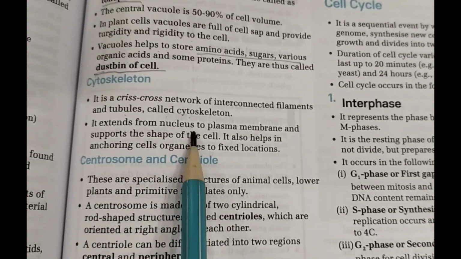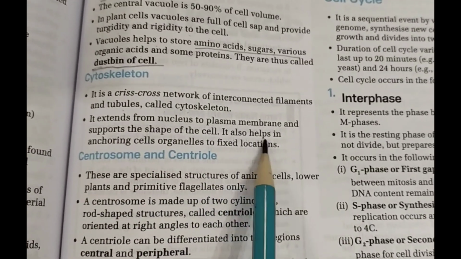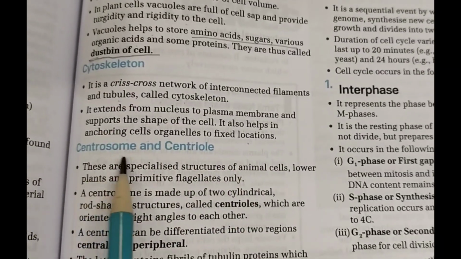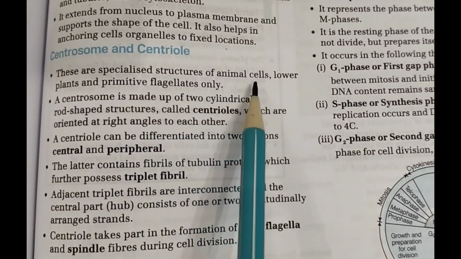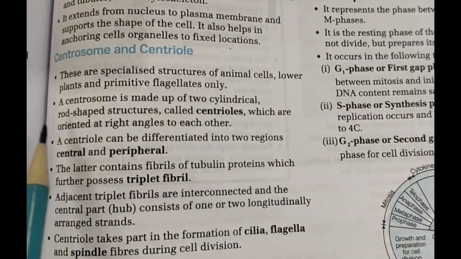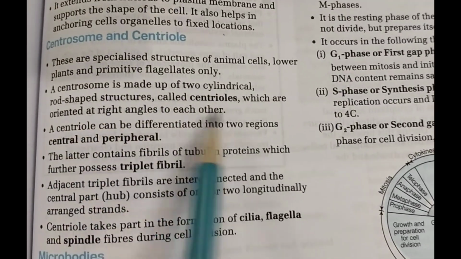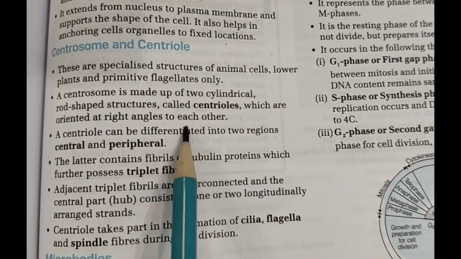Cytoskeleton, it is the crisscross network of interconnected filaments and tubules called the cytoskeleton. It extends from the nucleus to the plasma membrane and supports the shape of the cell. It also helps in anchoring cell organelles to fixed locations. Centrosome and centriole. These are specialized structures of animal cells, lower plants and primitive flagellates only. The centrosome is made up of two cylindrical rod-shaped structures called centrioles, which are oriented at right angles to each other.